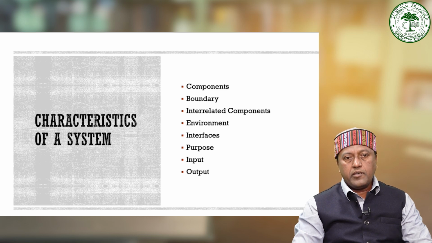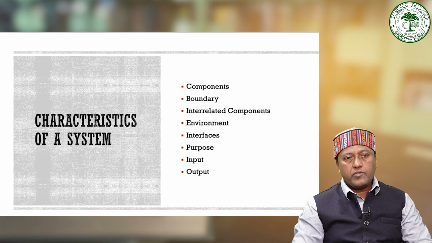Third thing is interrelated components. The components within the library system are interconnected. For instance, the process of lending a book depends on the availability of that book in the catalog, the accuracy of borrower information, and compliance with the library policies.